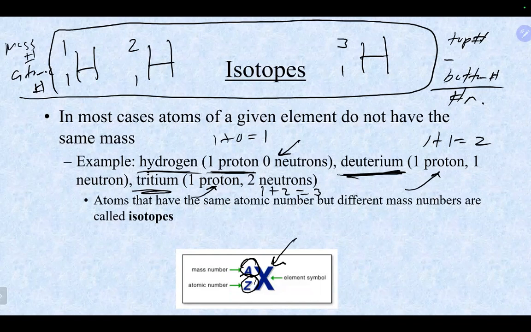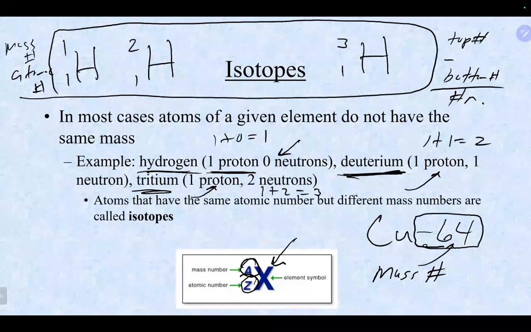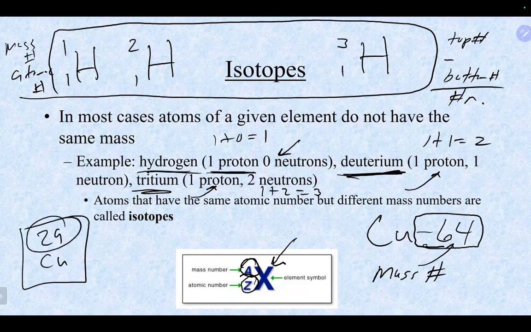Another way you sometimes see symbols written, for example, is copper-64. With the dash, the number is the important part. That number is the mass number. I know that because if I go to the periodic table, the number above copper is 29, which is its atomic number.